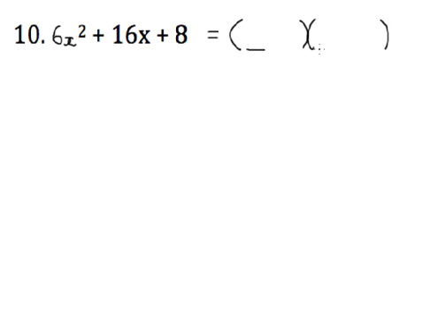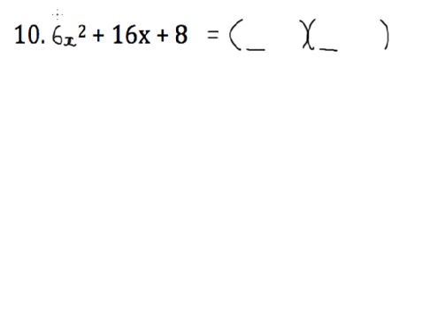The first two terms multiply to give 6x squared, so they could be 6x and x, or 3x and 2x. And this number here, 8, I've got possibilities for that as well. I've got 4 and 2, 8 and 1, so I've got a lot of different combinations.